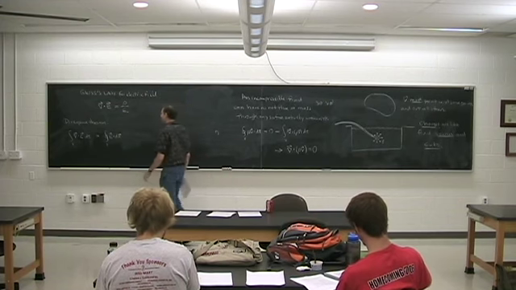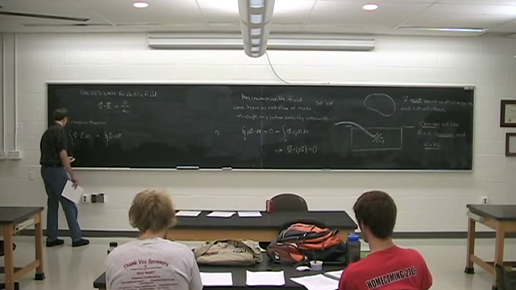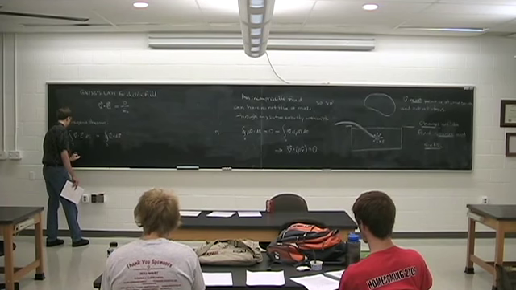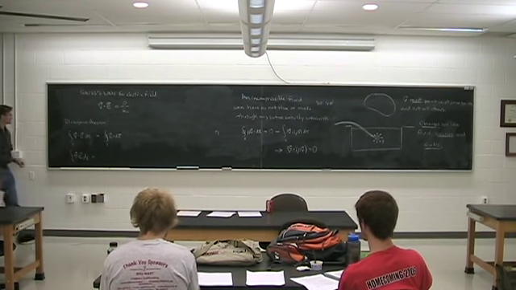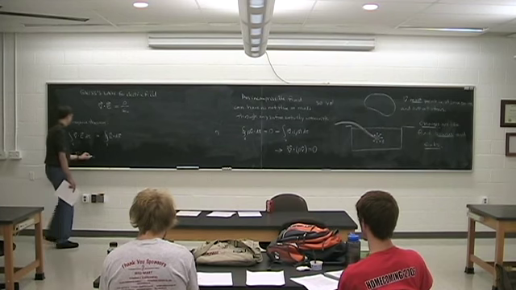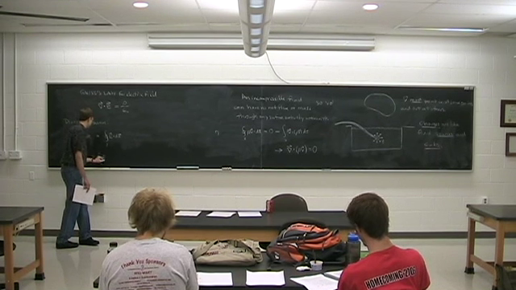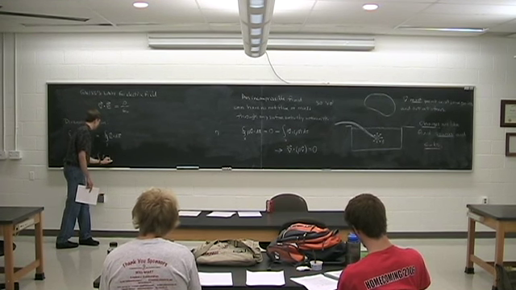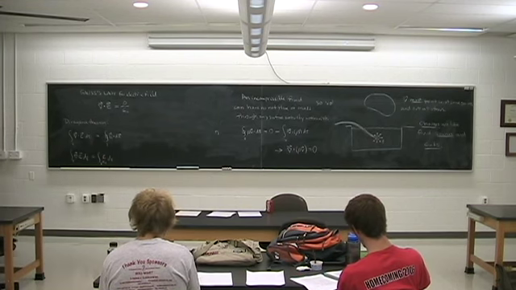But meanwhile, div E d tau, by Gauss's law written in differential form, is the integral of rho over epsilon naught over the volume in question.